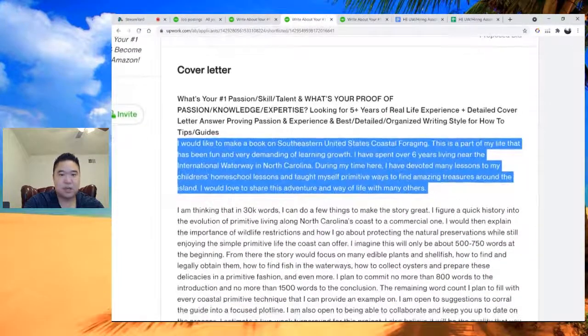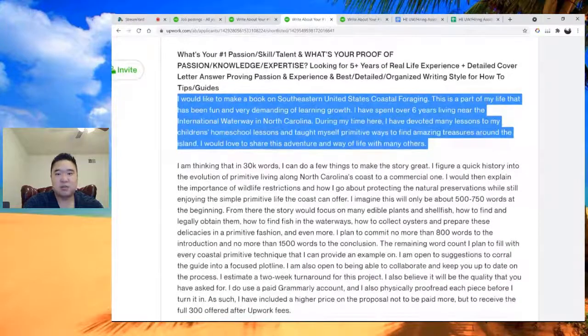I would like to write a book on Southeastern United States coastal foraging. Very specific. It's almost too specific. We'll see. This is part of my life that has been fun and demanding of learning growth. I've spent 6 years living near the Intracoastal Waterway in North Carolina. During my time here, I have devoted many lessons to my children's homeschool lessons and taught myself primitive ways to find amazing treasures around the island.